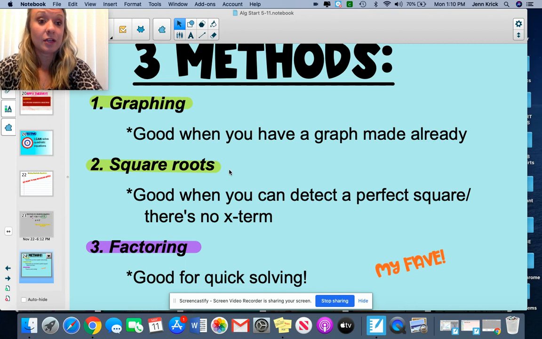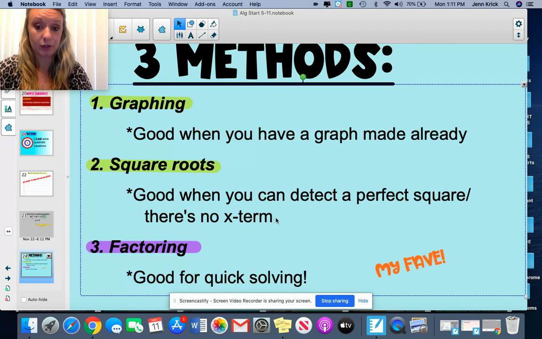Okay. Square roots method. This is good for when you can detect a perfect square. So if you see 16, 25, 36, 100, 144, or when there is no x term. Okay, this is important. A lot of kids overlook this part.